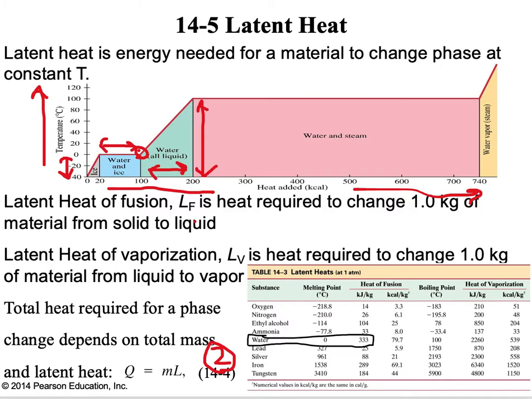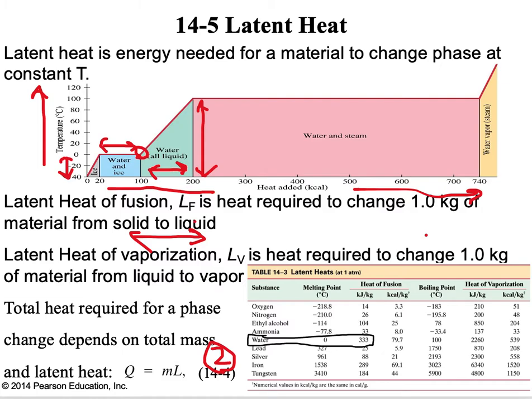So we have what's called latent heat, or heat being added where temperature is not changing, but we're going from a solid to a liquid or a liquid to a gas or vice versa. If you're going to go from a solid to a liquid or a liquid to a solid, we call that latent heat of fusion.